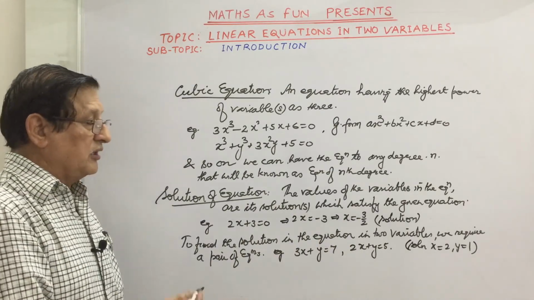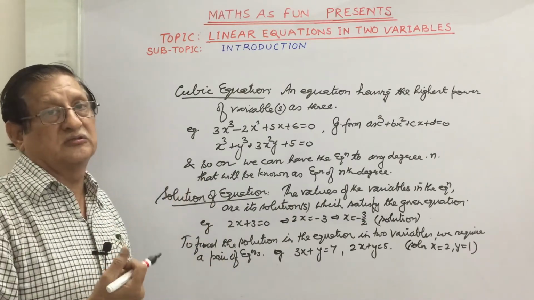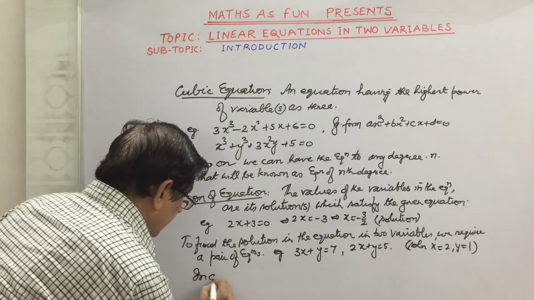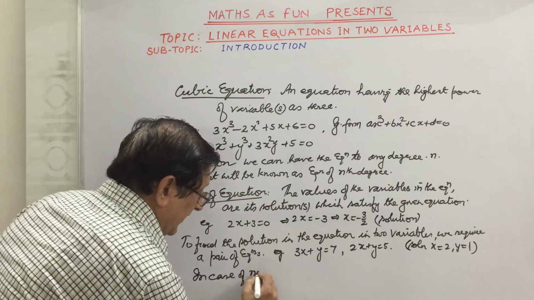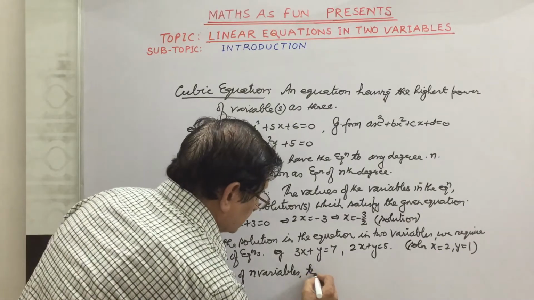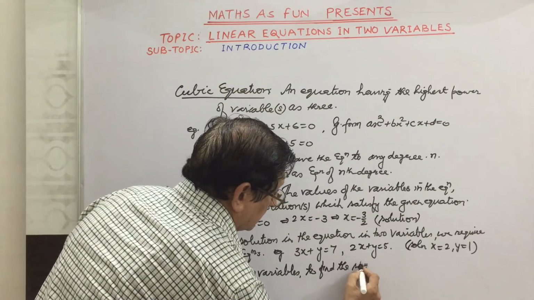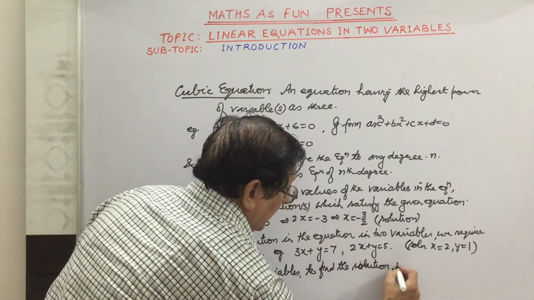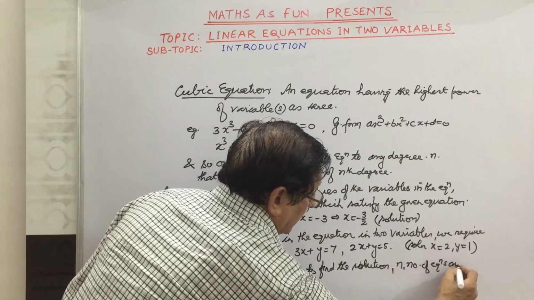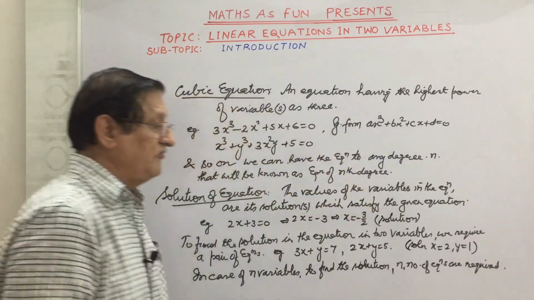It means, in case you have a linear equation in n variables, then we need n equations to find out their solutions. So we can say, in case of n variables, to find the solution n number of equations are required, then only we can find it out.